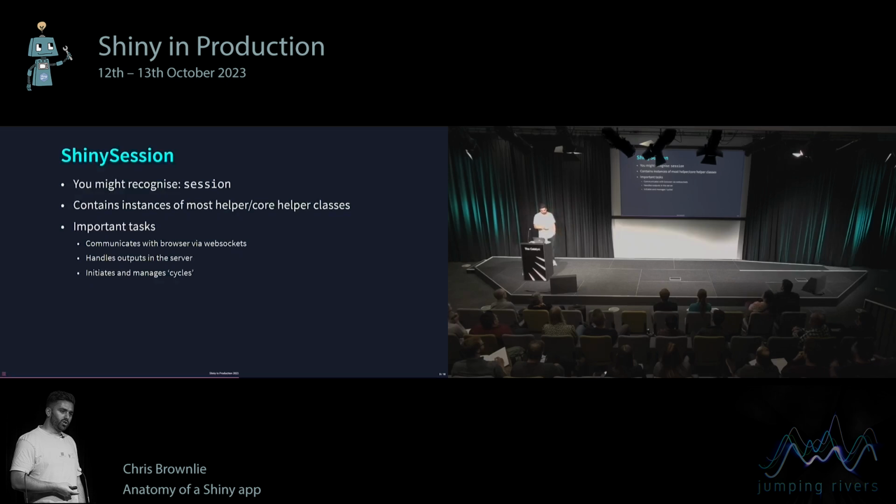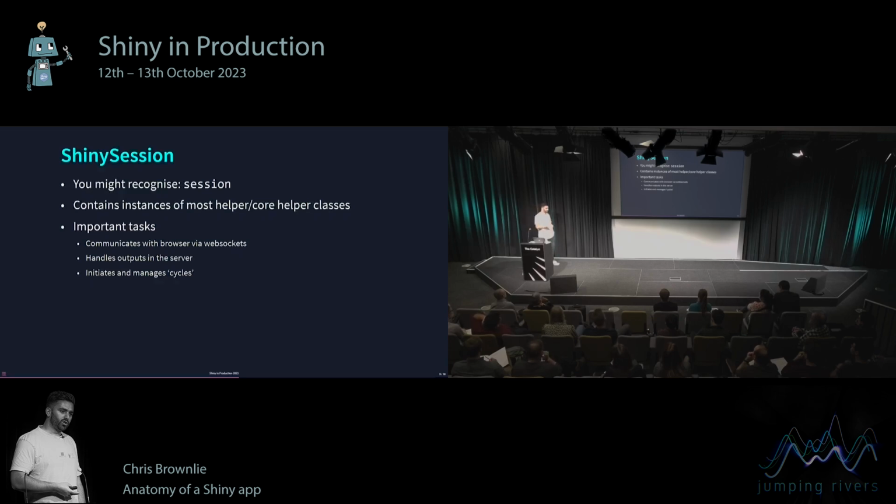So the first class I'll talk about is the Shiny session class. For most Shiny apps, when the server is initiated, it's initiated with an input, output, session argument. That session argument is an instance of the Shiny session class. It's in some ways the overarching class of a Shiny app session.